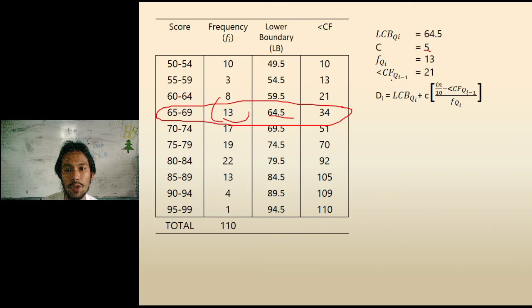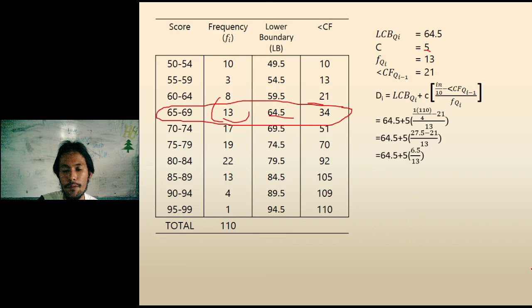The cumulative frequency preceding the quartile class is 21. So, 10 plus 3 is 13, then 13 plus 8 is 21. We substitute the values: 64.5 plus 5 times 6.5 over 13.